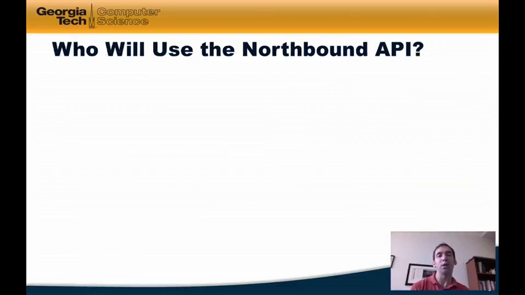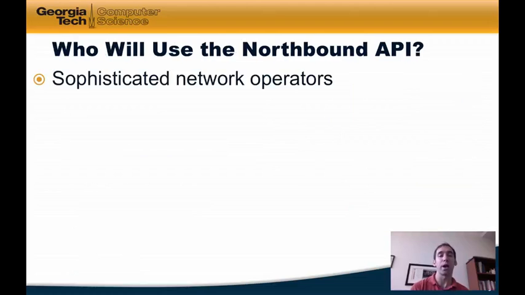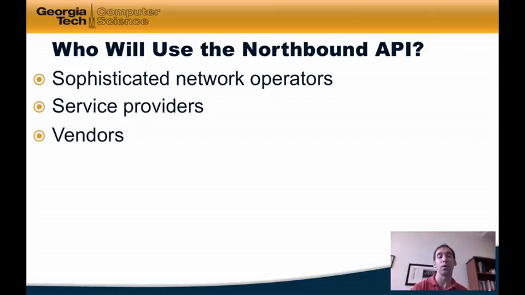There are a number of possible users for the Northbound API. Sophisticated network operators who would like to develop and deploy complex network policies might write network policies and programs in a high-level language that talks to the controller through a Northbound API. Service providers might wish to offer value-added services by developing applications that use a Northbound API to talk to an SDN controller.